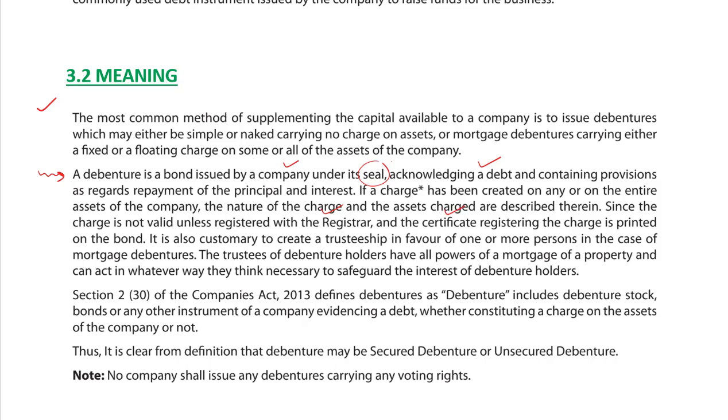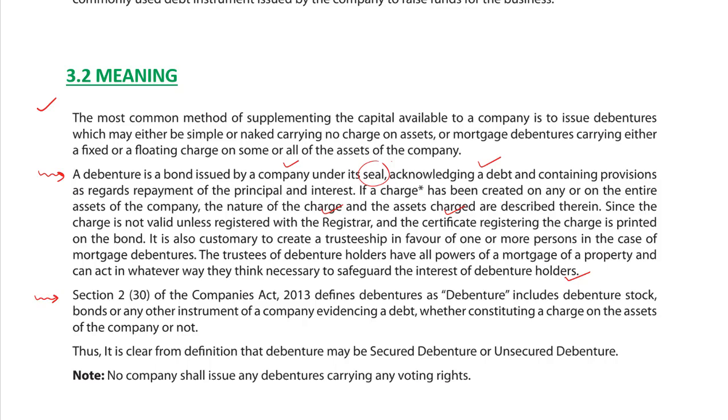Since the charge is not valid unless registered with the registrar and the certificate registering the charge is printed on the bond, it is also customary to create trusteeship in favor of one or more persons in case of mortgage debenture. The trustees of debenture holders have all powers of the mortgagee of property and can act in whatever way they think necessary to safeguard the interest of debenture holders.